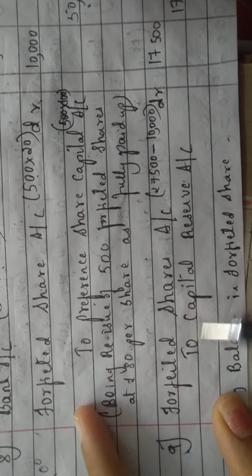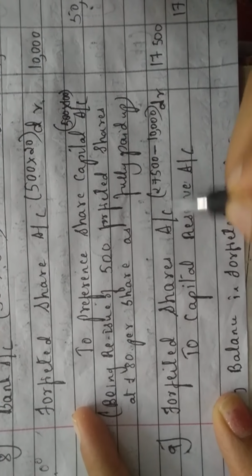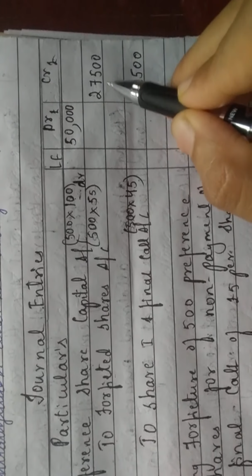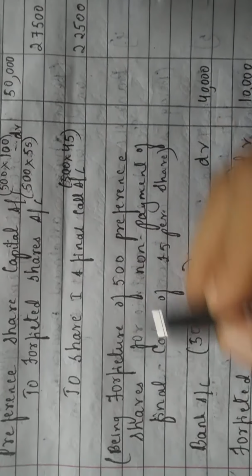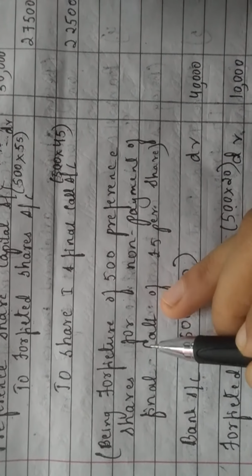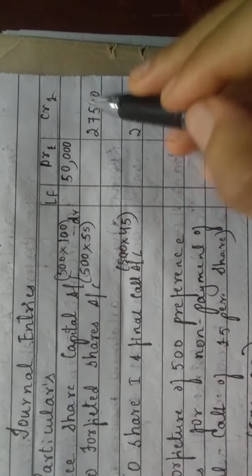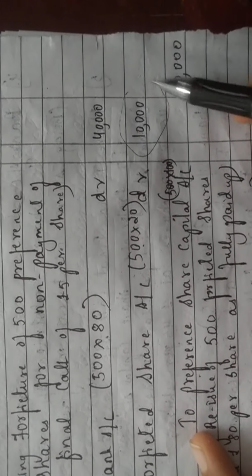I will tell this once again. Forfeited shares account debit to capital reserve account. How to write the amount? Here for forfeiture, what amount did you write? 27,500, isn't it? So 27,500 minus this forfeited shares amount here, 10,000. This is the credit side amount, this amount minus this amount.